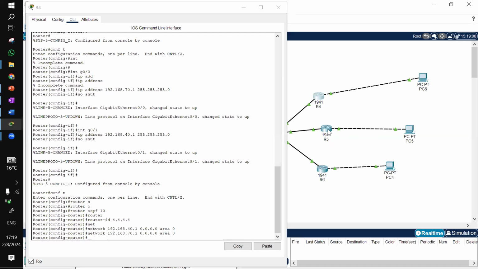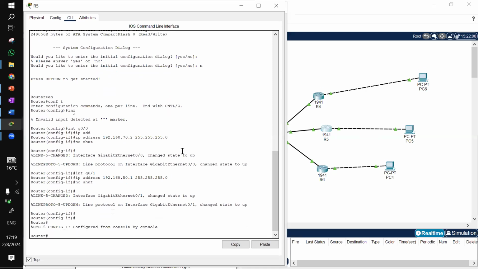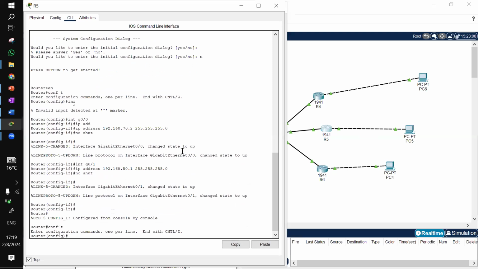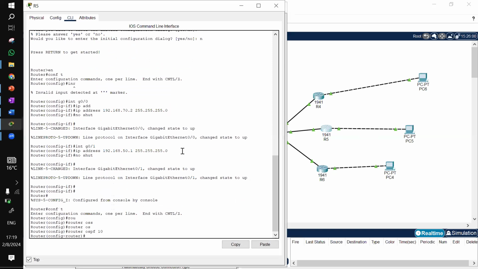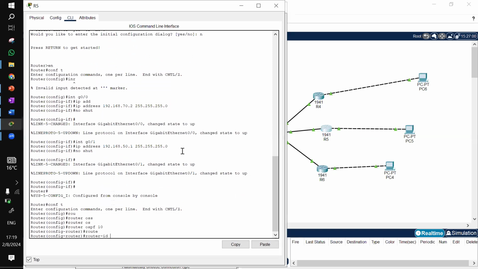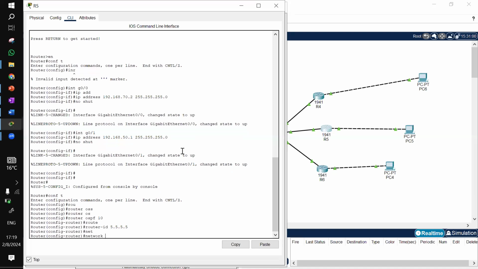Then we go to this router here, router number 5. Okay. Config terminal, router OSPF, and my router ID is 5555. My networks, I go directly to my network.